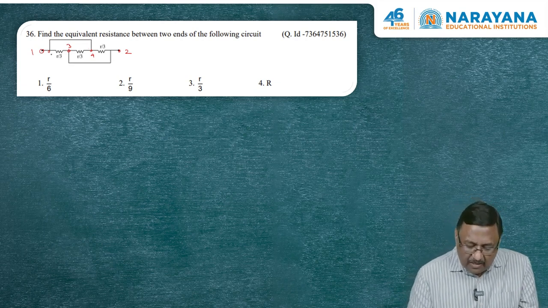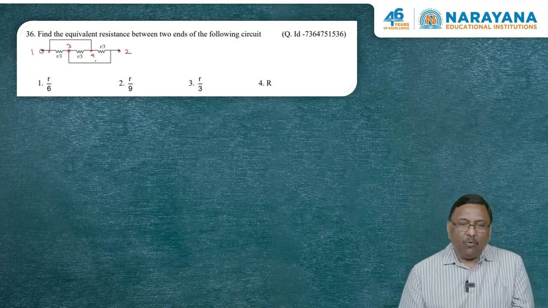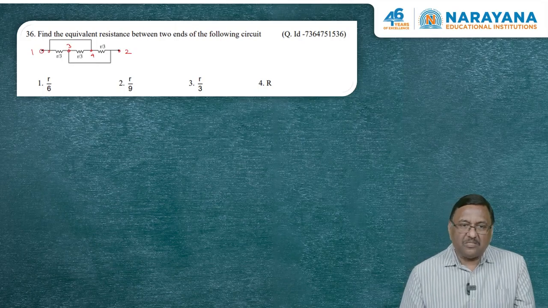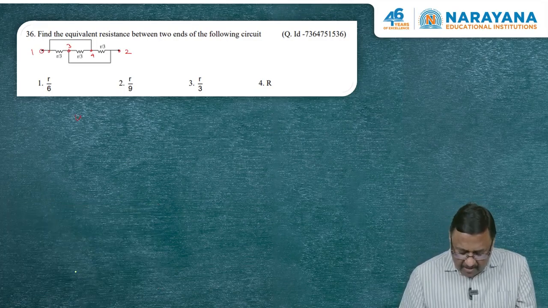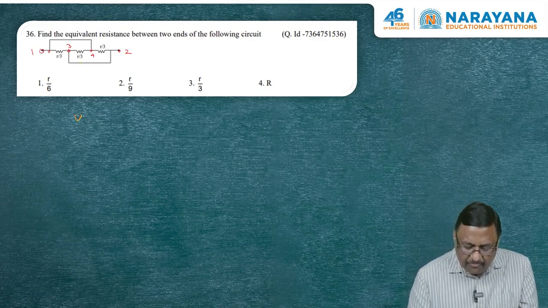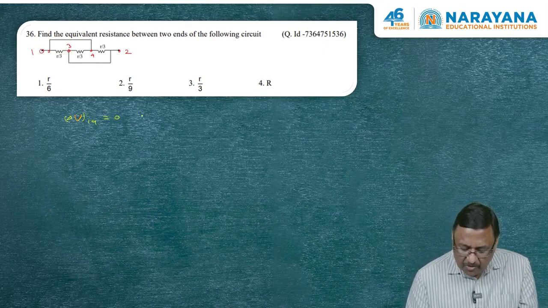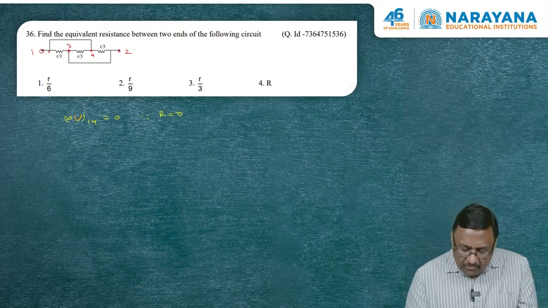So since we are saying 1 and 4 are connected with a resistance less wire, I can say delta V between 1 and 4 should definitely be 0. Reason I am saying my R is 0 in between. That means V1 and V4 are equal.